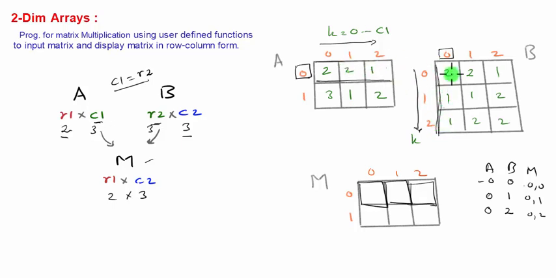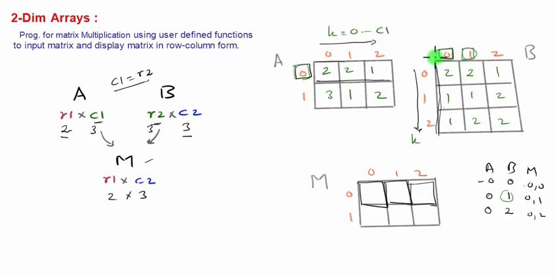After doing this multiplication, we will change the column number to 1. So what we have done is we kept 0th row of A constant, 0th column of B constant, and did the multiplication using K variable going 0, 1, 2. Then we modify the column number in B to 1.